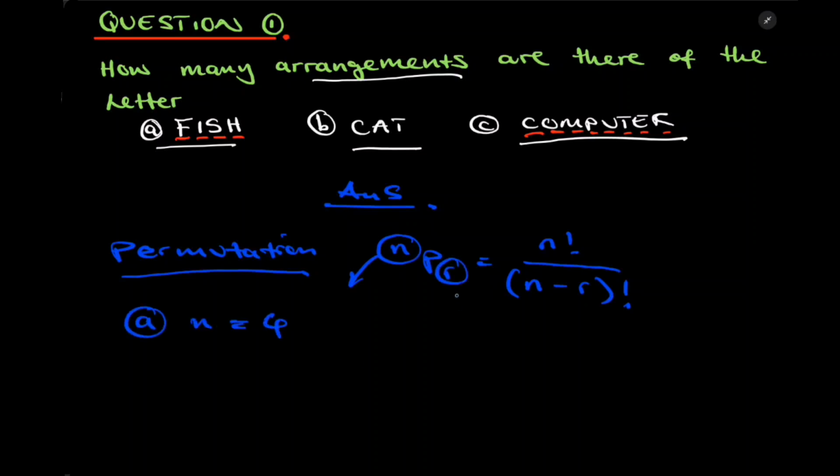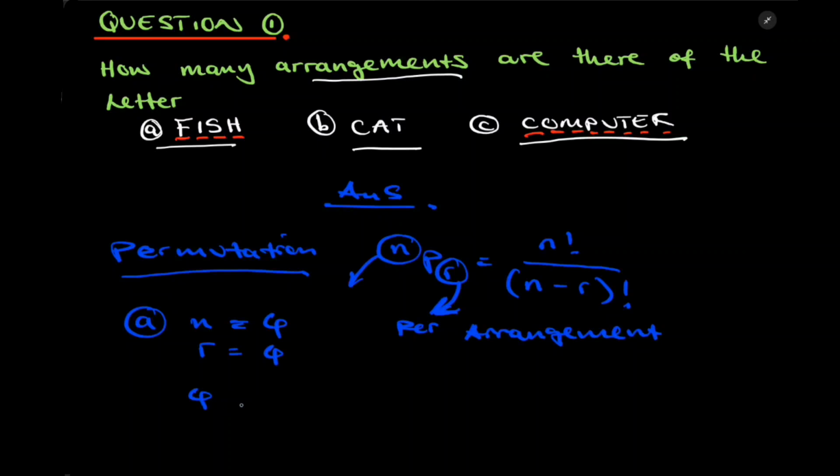While r is the number of items that must be present per arrangement. So in each arrangement, how many items must be present? That's what is denoted as r. In this case, we want to arrange 4 items per arrangement.